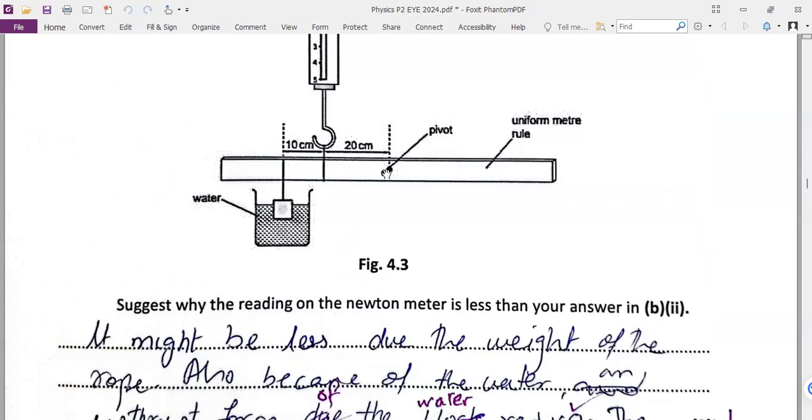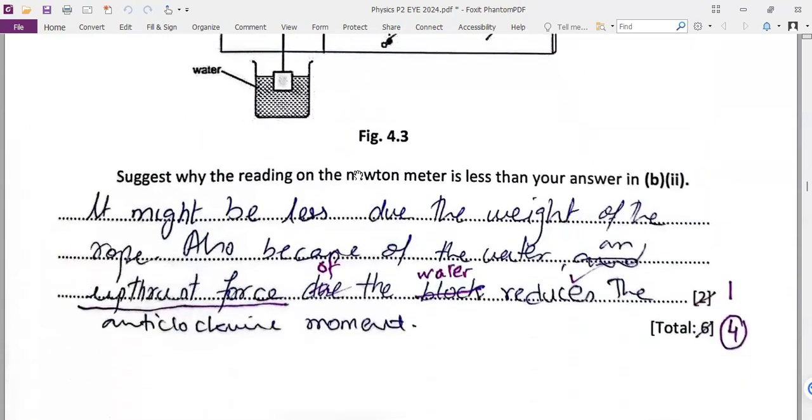This decreases the moment, and hence less moment is required to balance it, and hence the Newton meter is pulled upwards. What it's saying here is making a mistake. Let's see, it might be less due to weight of the rope. No. Well, actually, yes, weight of the rope is acceptable, but weight of the rope was already there.